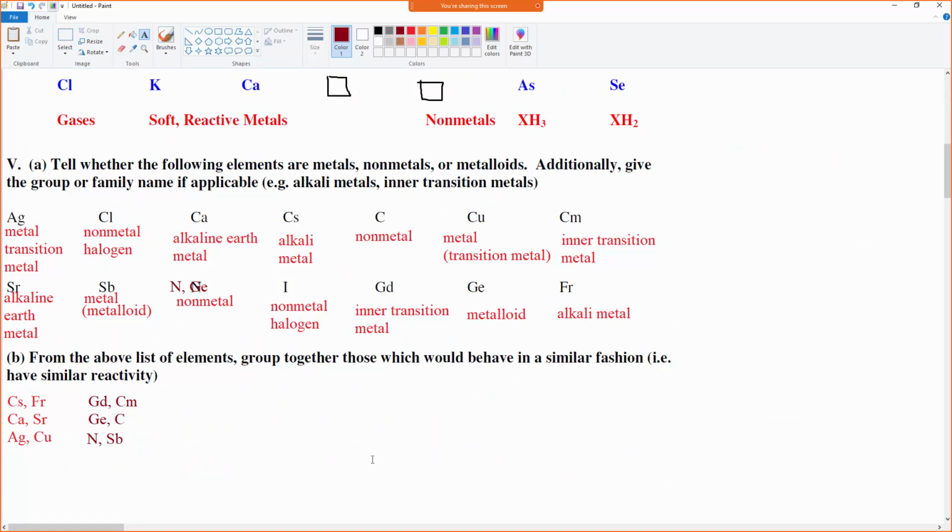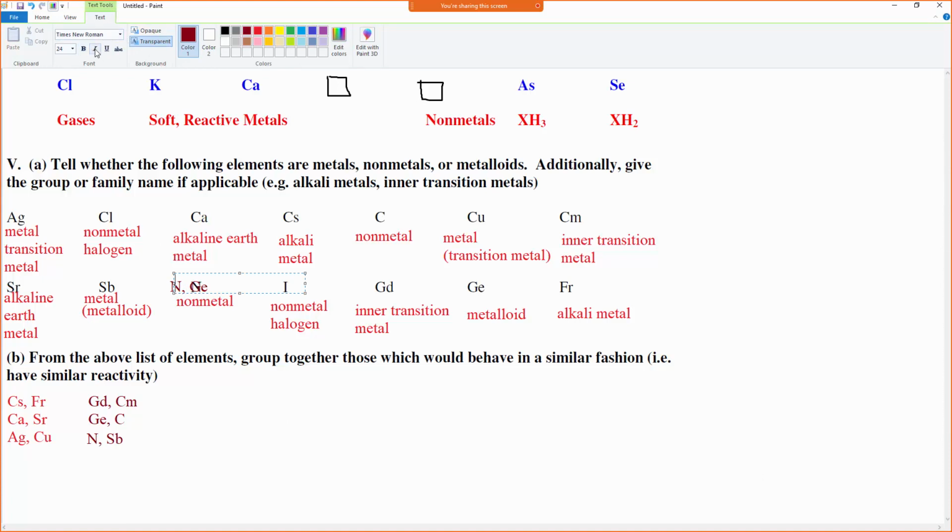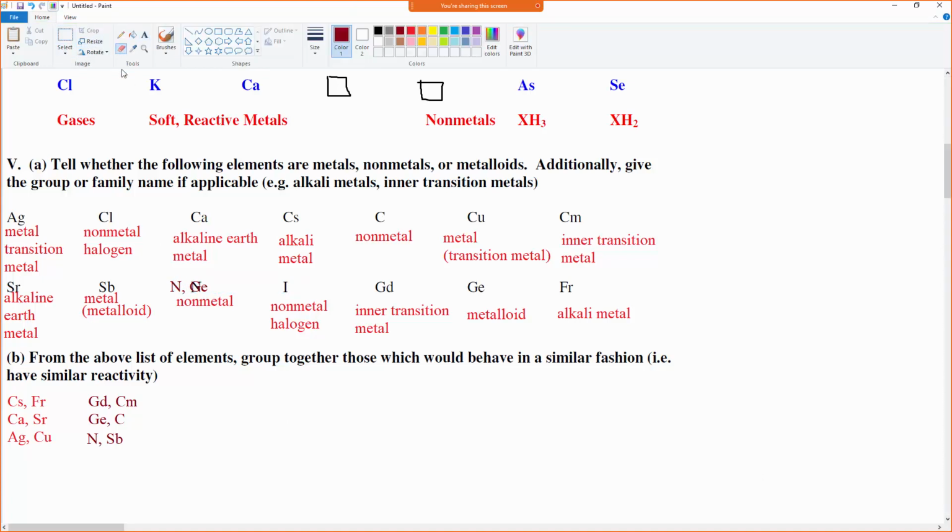Okay, let's see. Which ones are we missing? Whoops. I wrote N and Ge right there, and I did not mean to. What would we group with chlorine? Cl.